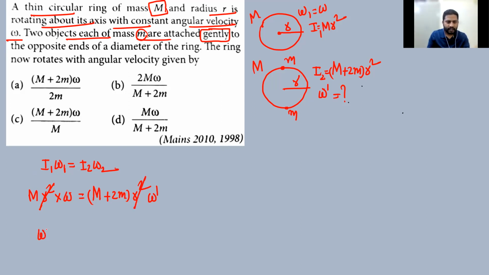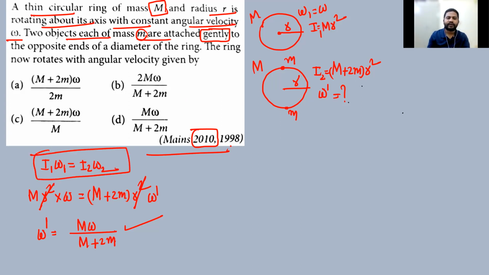Okay, and omega dash is equal to M omega divided by capital M plus 2m. This is the answer. So you can see this is a question asked in the 2010 JEE Mains exam. Okay, and this is a frequently asked question based on the law of conservation of angular momentum.